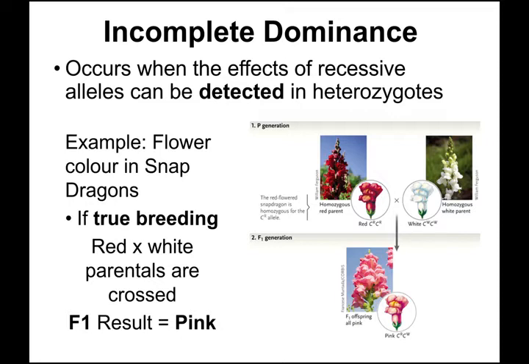Here is an example. If you look at the flowers in this plant, which is called snapdragon, you have that now. If you do the same experiment that was done by Mendel, where you start with true breeding red plants and white plants, so you have two possible colors here, red and white.